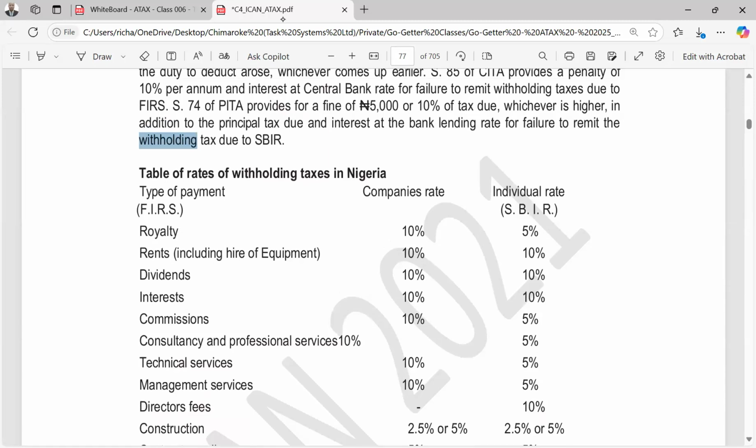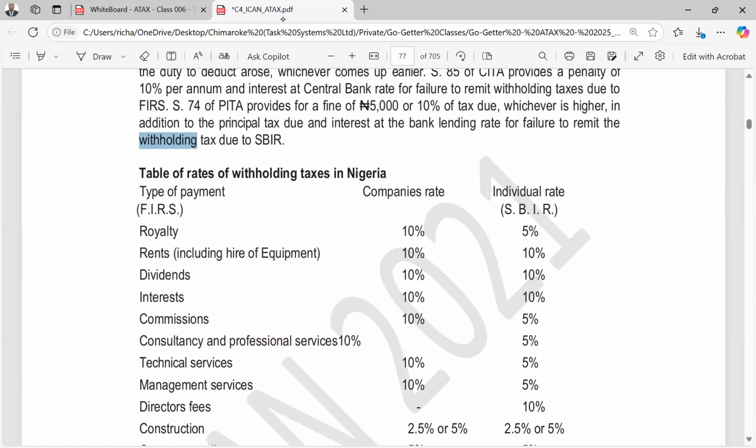Now, take notes. Let me put a caveat here. Beginning January 1, 2025, these rates no longer apply. There is a new withholding tax regulation.